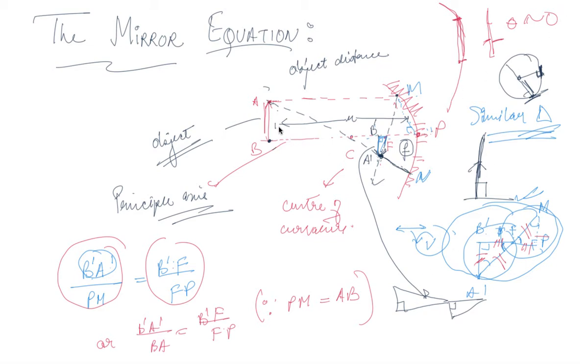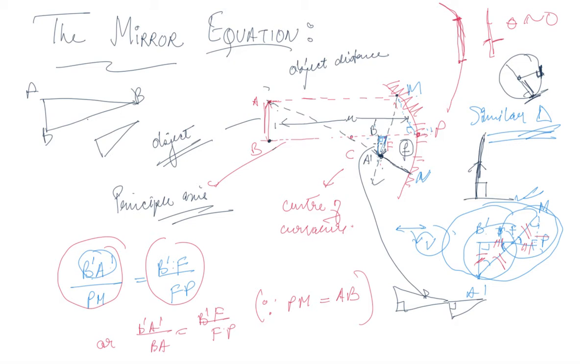So we are comparing triangle ABP, and I draw a line over here, A, B, P, with triangle A dash B dash P.